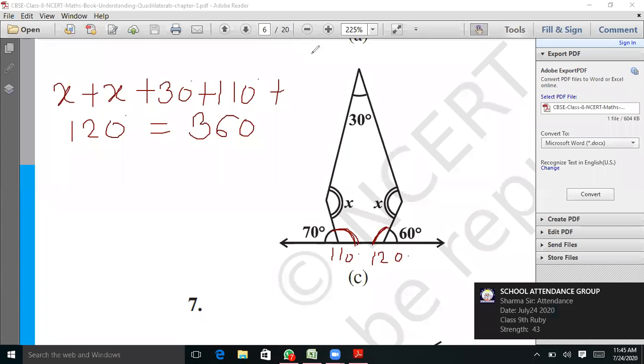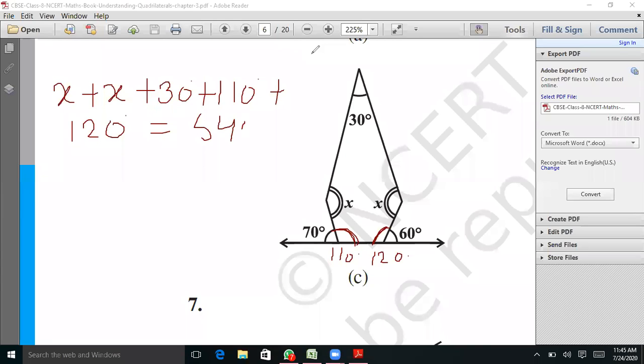It will be 540 degrees, because we have been given a pentagon with 5 sides, so we'll use the angle sum property as 540 degrees. This angle is 30 degrees, these two angles are x, and the two angles we found are 110 and 120.